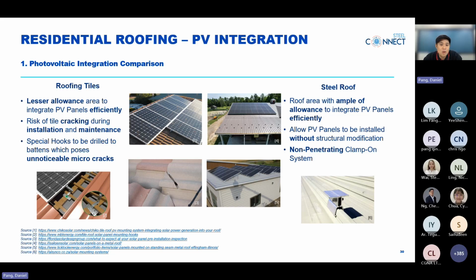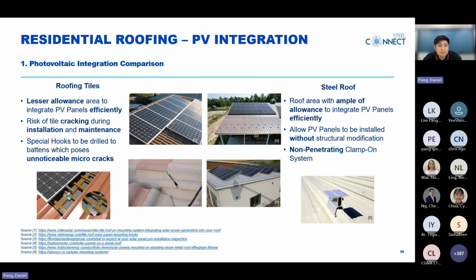Since roof slope and tile roof are generally fixed, and PV panels require the most exposure to work efficiently during daytime, the roofing tiles have a lesser allowance area to integrate suitable PV panels efficiently. And the next thing is, during installation and maintenance, the tiles are prone to the risk of cracking since they are not designed to have human traffic.